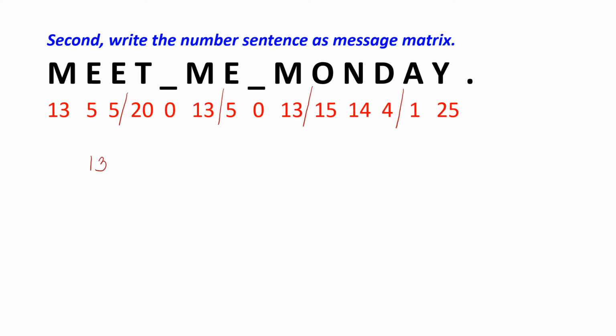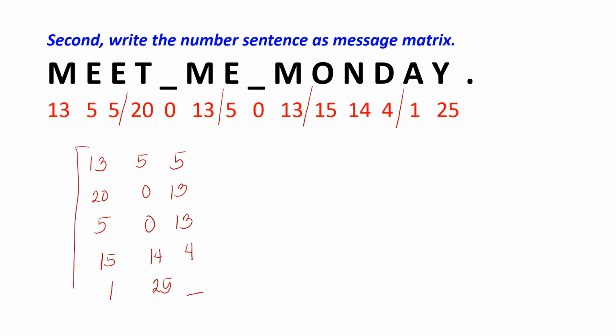We have 13, 5, 5, 20, 0, 13, 5, 0, 13, 15, 14, 4, 1, and 25. As you can see, we have a missing element to complete this matrix.